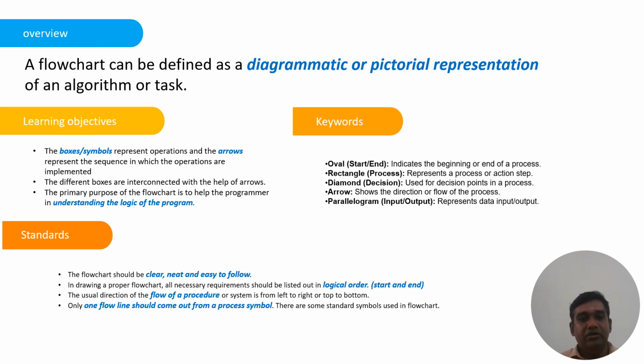By the arrows we can decide in which direction we are going to select a particular path. And the primary purpose of a flowchart is to help the programmer understand the logic of it. So that is the purpose of a flowchart.